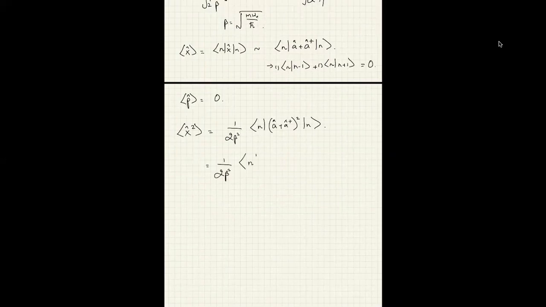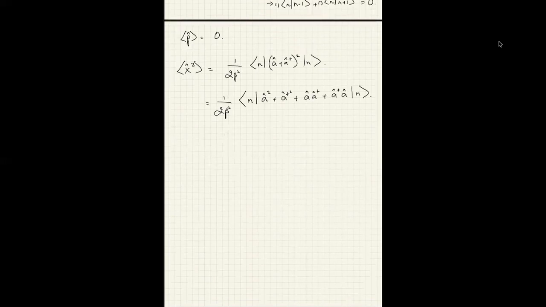Remember that in haste, you should not write this as 2 times a dagger. You should write this as two different terms because a and a dagger do not commute. So this is equal to a square plus a dagger square plus a a dagger plus a dagger a acting on n.